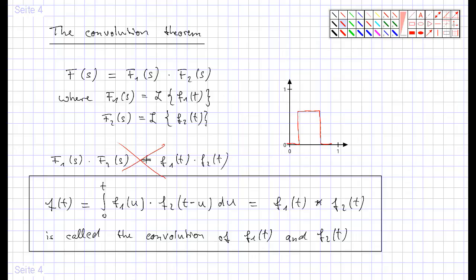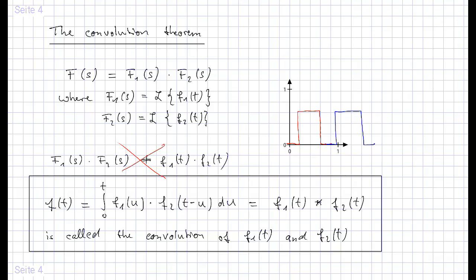If they do not overlap at all, so the second function would look like this. So they are shifted with respect to each other. So this t means they are shifted. And in this case, the convolution would be 0.